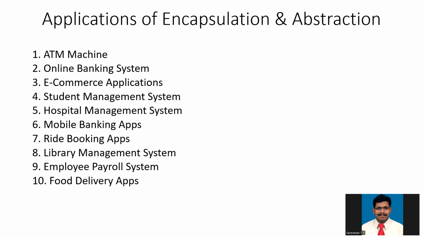They can say whether it's available or not, but they cannot see how much is available. That information is called encapsulation. They can view the product, fetch the product, and purchase the product.